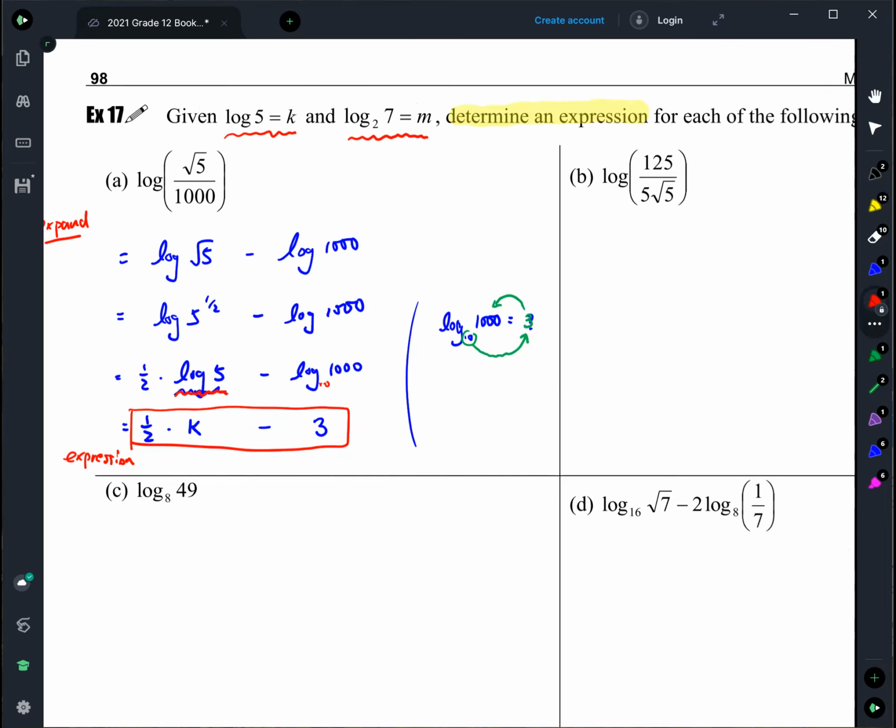All right, so let's try question B. This time is for you to do it by yourself. Very similar. It also has to do with 5, I guess you can tell from the look of it. So final answer only has K or numbers.